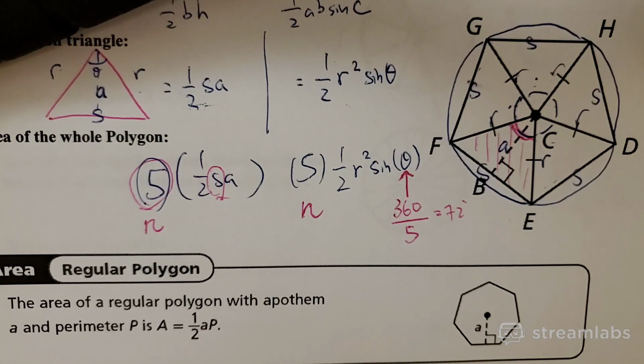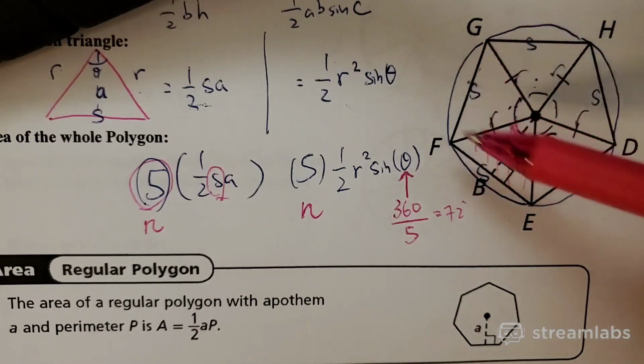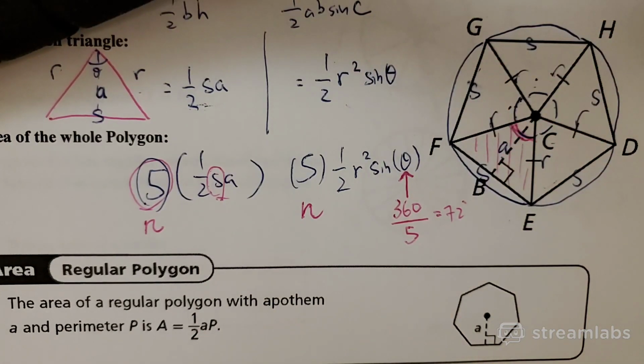What does 5s represent in this polygon? Perimeter.